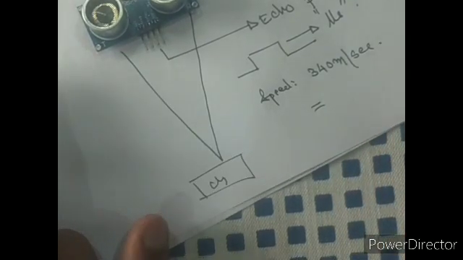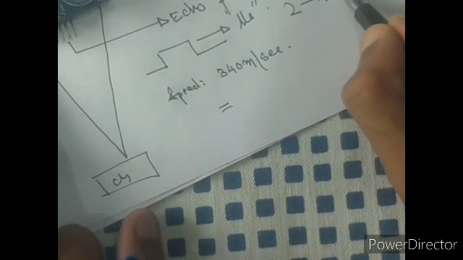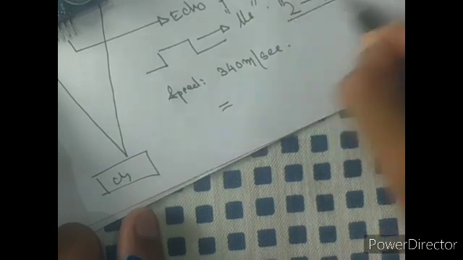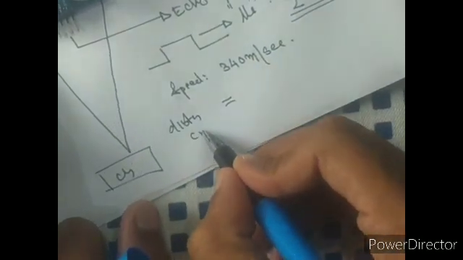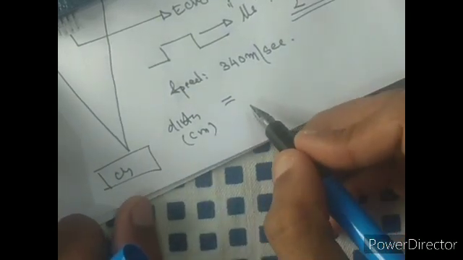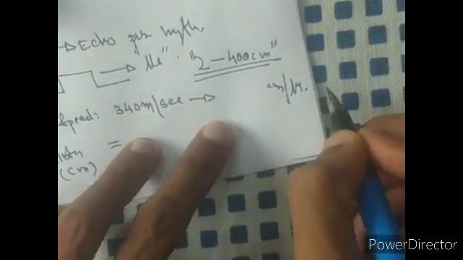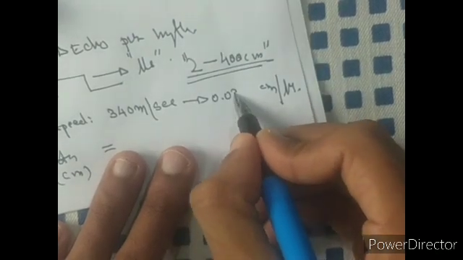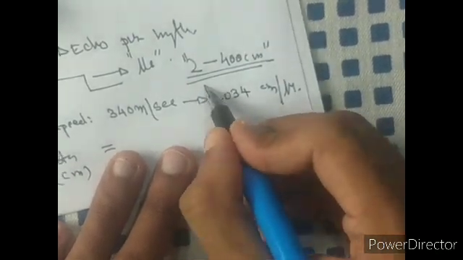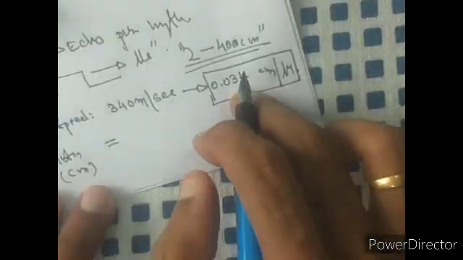Since the sensor is used up to 400 centimeters, and beyond that can't be used, I am using the distance in centimeter range. So first of all we have to convert into centimeters per microsecond, so that will be around 0.034 centimeter per microsecond. Okay, this is the speed.